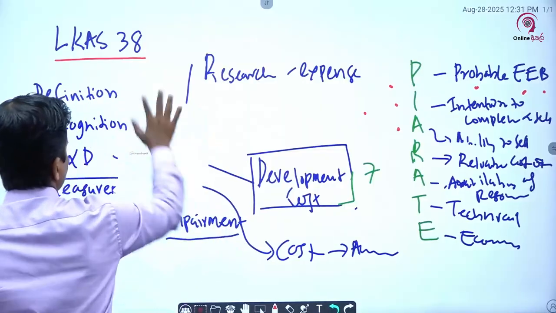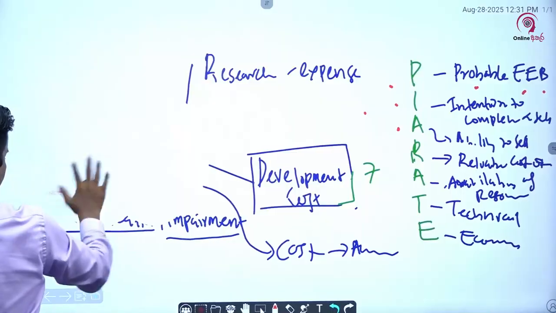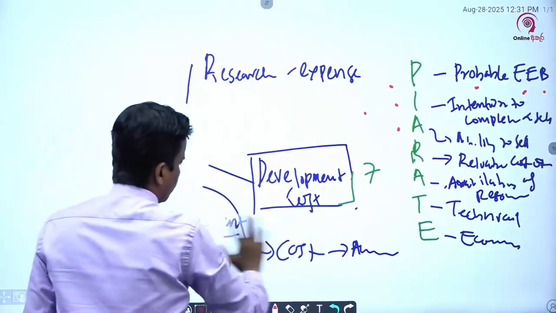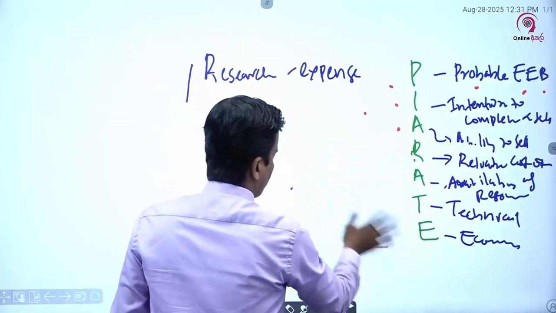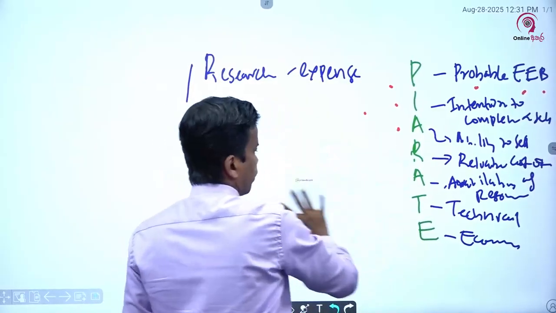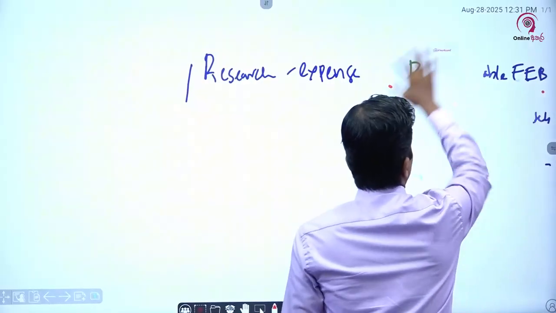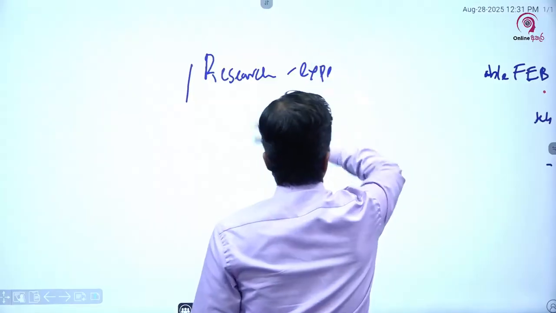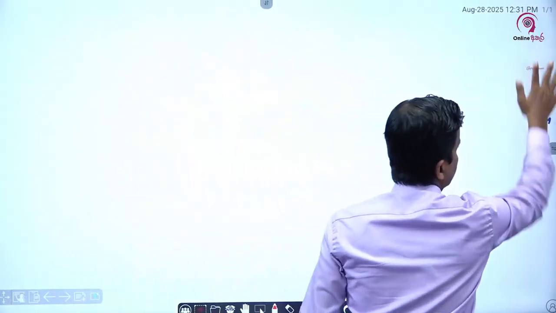So what is investment property? Now we have discussed PP&E, property, plant and equipment, and we have discussed intangible assets. The main difference between property, plant and equipment and intangible assets is that property, plant and equipment have a physical substance, but intangible does not have a physical substance.